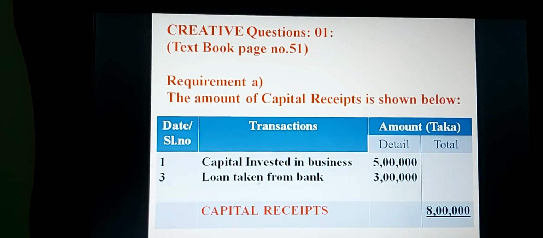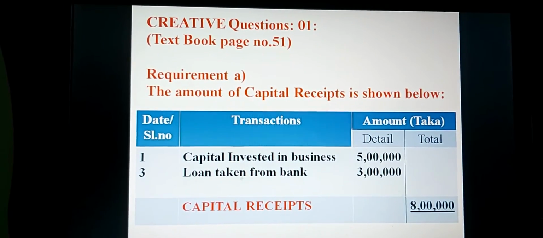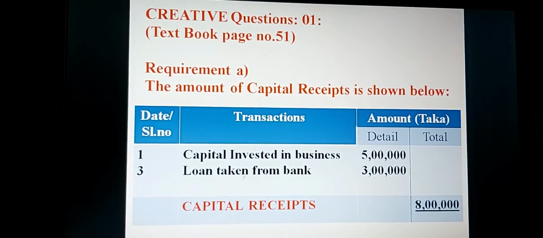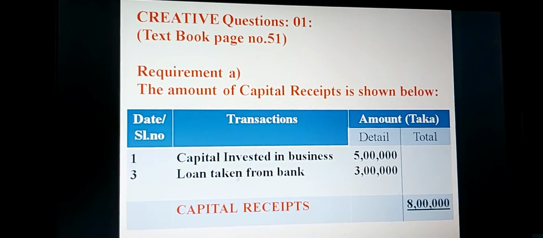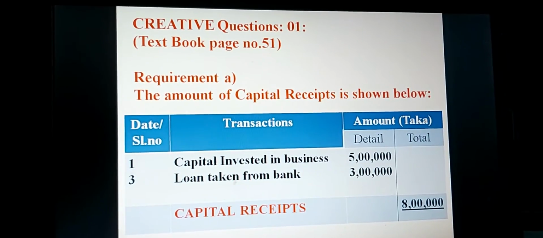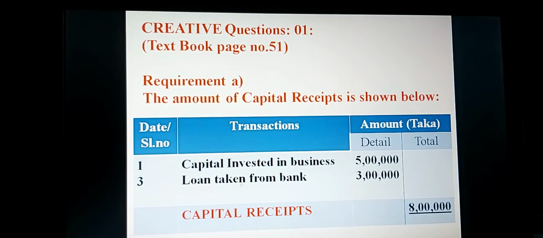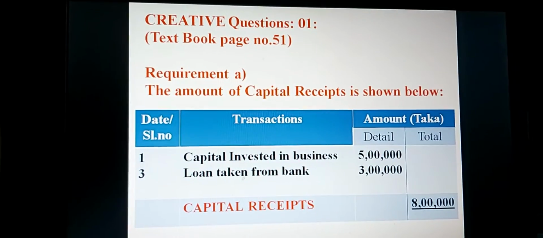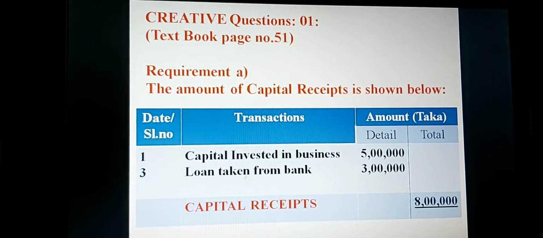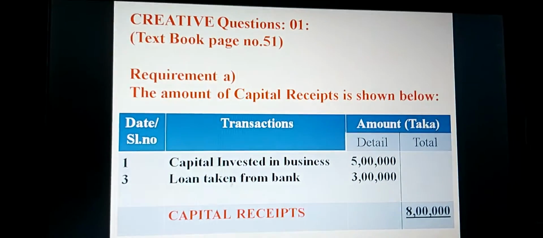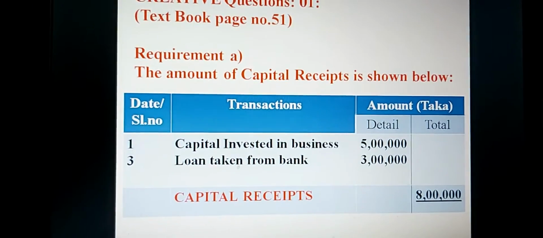Another one, revenue expenditure, which are expenditures on a regular or recurring basis. Now you can answer the revenue income and revenue expenditure very easily.